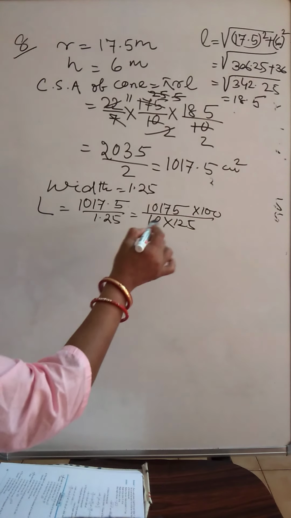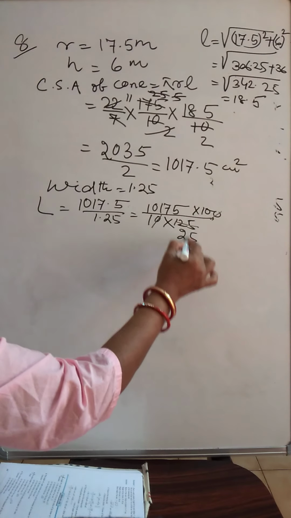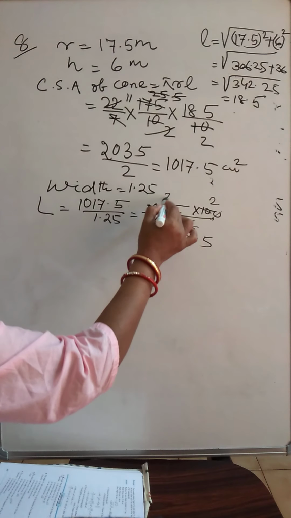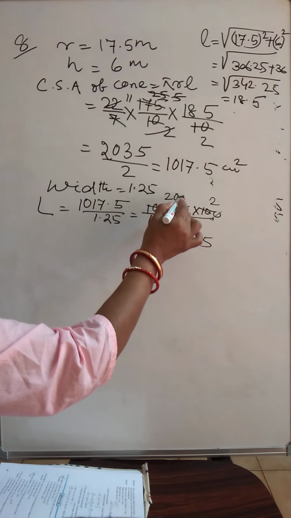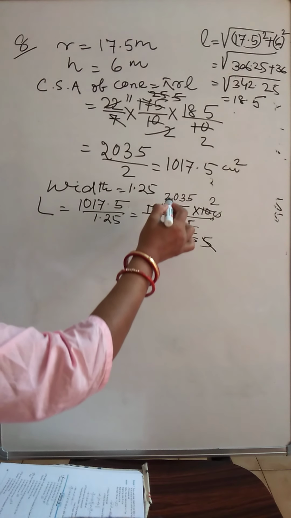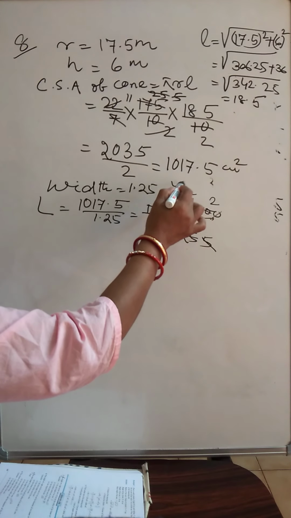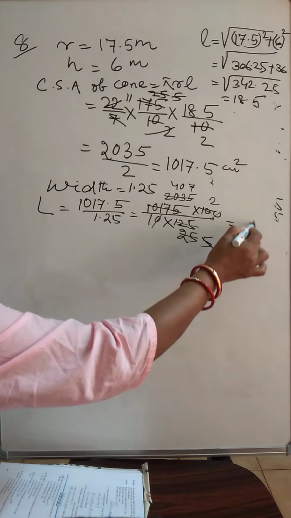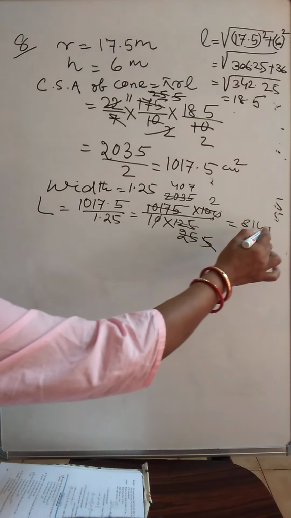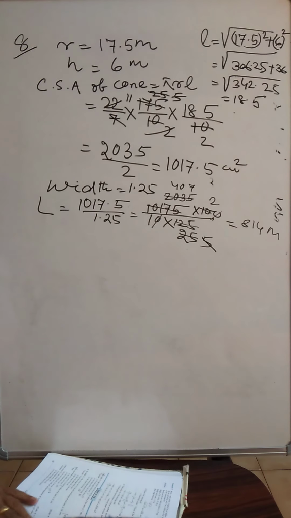Okay, so that is 10 cut 25. Now 5 5s are 25, 5 2s are 10, 0. 5 3s are 15, 5 4s are 20, 2 7s are 14, 2 4s are 8. 814 meter length.